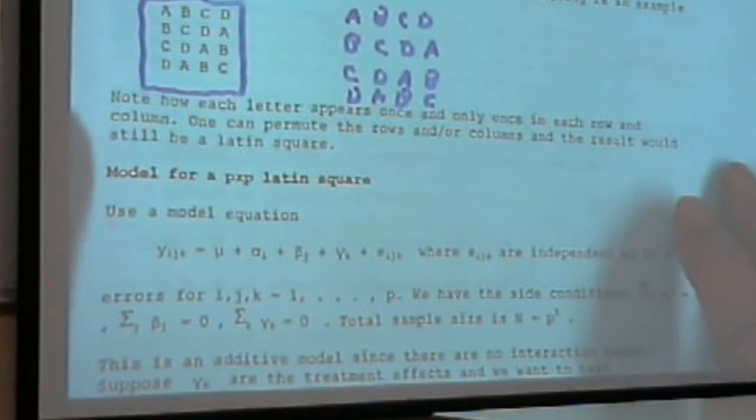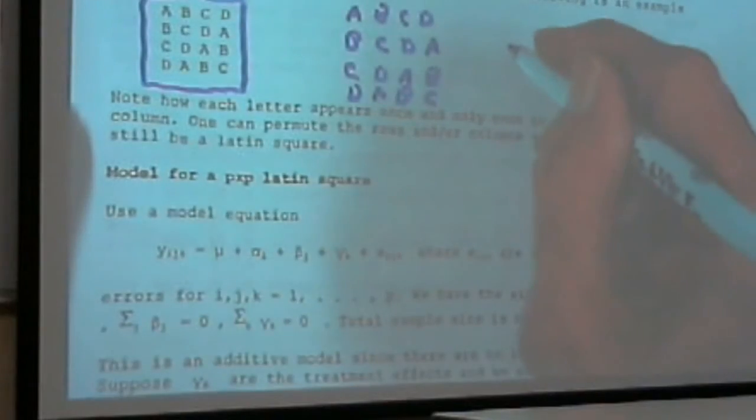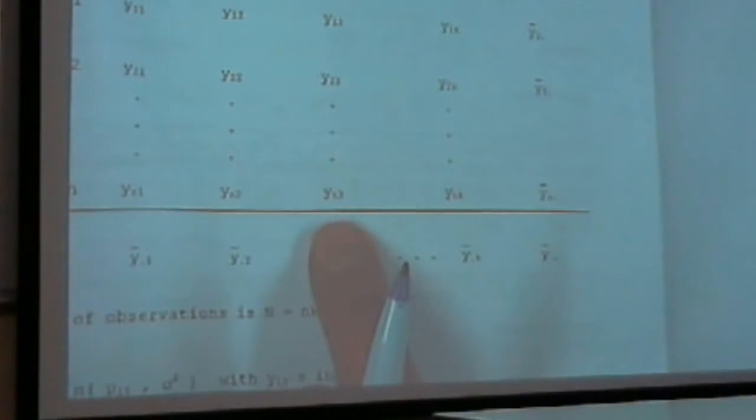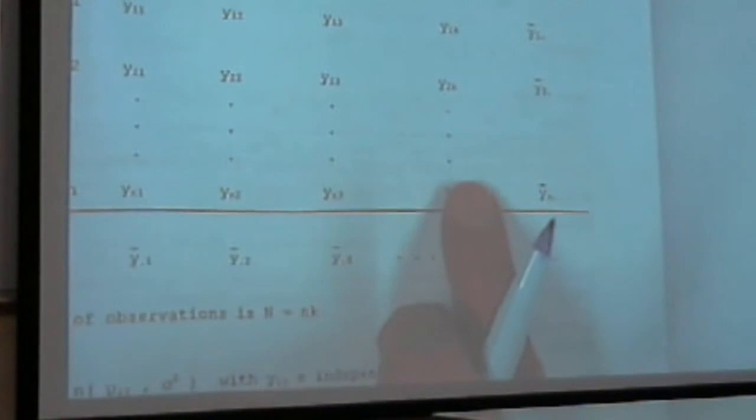So what I'm having you visualize is that we're going to get data like on the first page of this handout here, two-dimensional data Yij's, but this layout of the data is first of all going to be a square, same number of rows as columns, and secondly, it's going to have a Latin square superimposed on top of the data. So I have these Yij's.